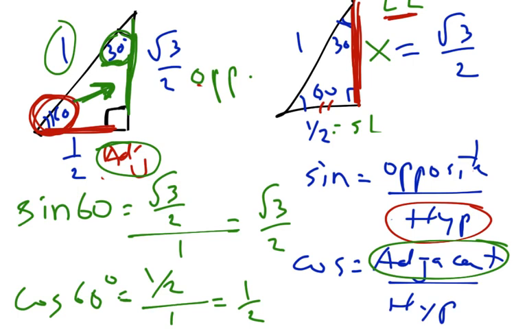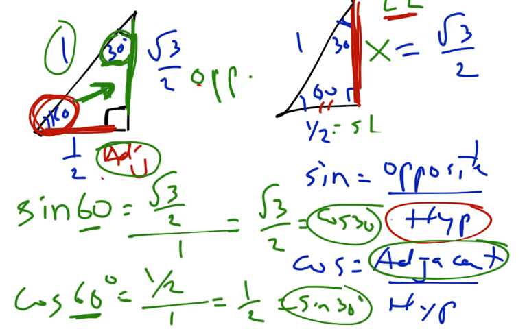Sine of 60 is the same as cosine of 30, and cosine of 60 is the same as sine of 30. Those are called cofunctions. But later on we'll do those. I just want you to know how you get sine and cosine.